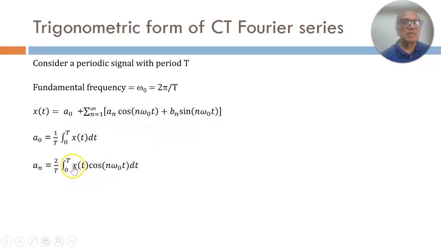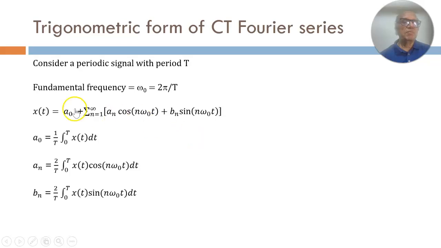Here what we are saying is that the expression for x(t) is known over one time period, and using that expression and multiplying it by cos of n omega naught t and integrating and then multiplying by 2 by T, we get an. So an will be some function of n. So when you calculate a1, it will correspond to the fundamental frequency, a2 will correspond to the second harmonic and so on. And similar remarks go for b1, b2, etc. These are the coefficients of the sine wave.